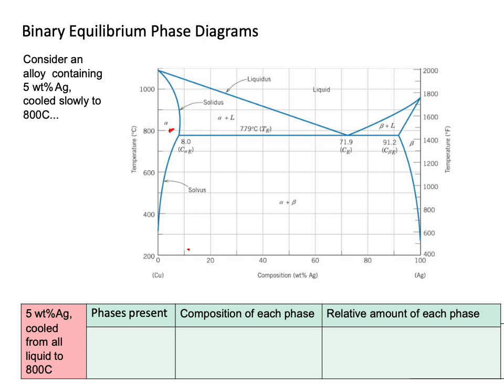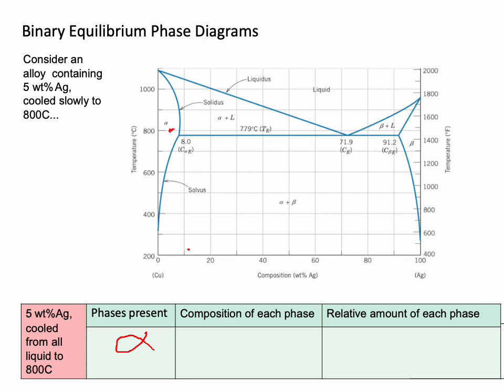So when we have the alloy with 5 weight percent silver, and we're cooling it and we stop at 800 degrees C, then we're asked questions about what's present. And I'm in the single phase region. The only phase that I have present is alpha.